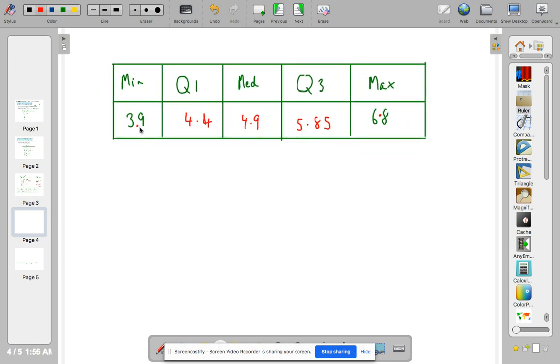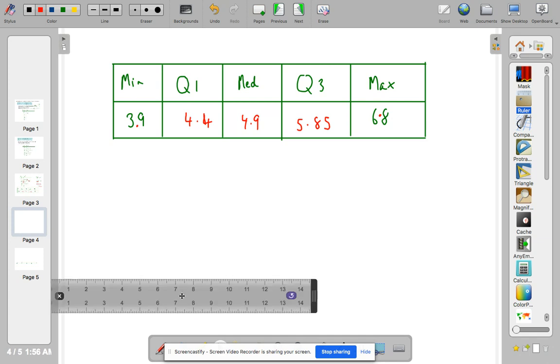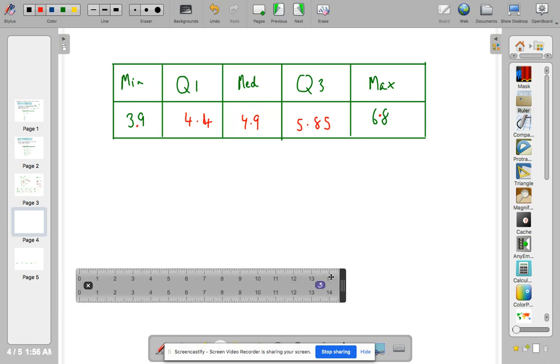My lowest one is 3.9, my highest one is 6.8. I'm going to go from 3 to 7. So I'll drag a rule over here, and we'll go from 3 to 7, a straight line down the bottom.